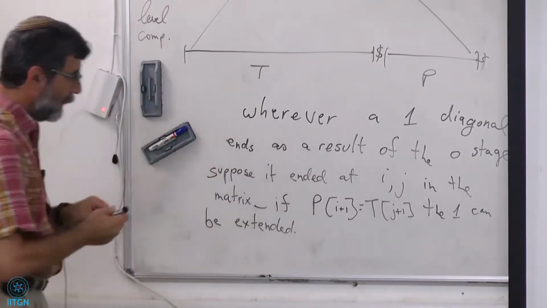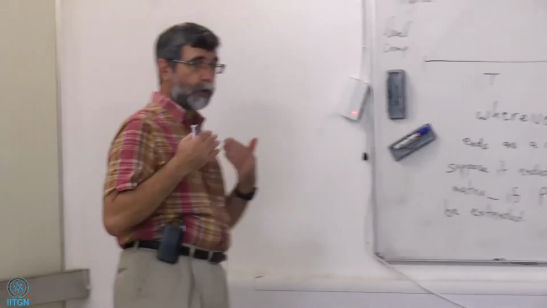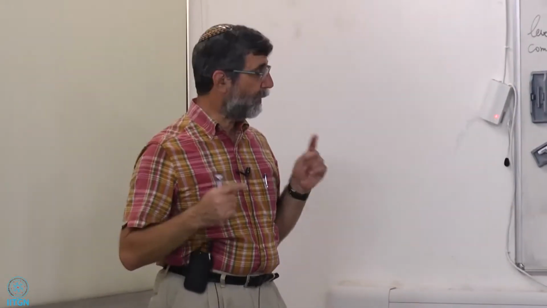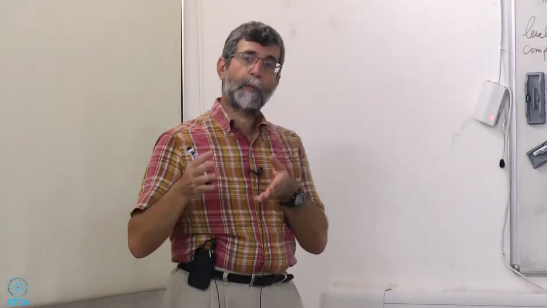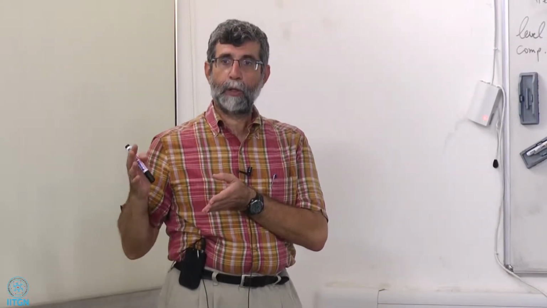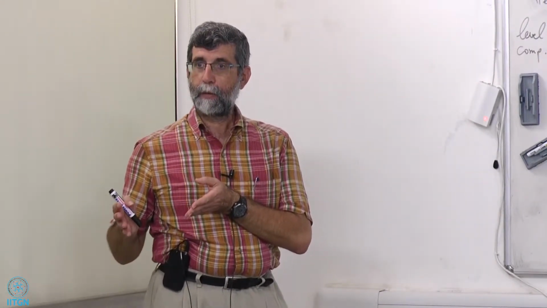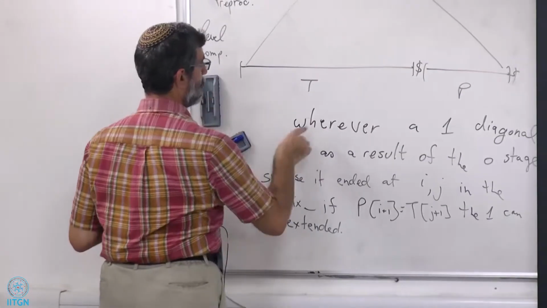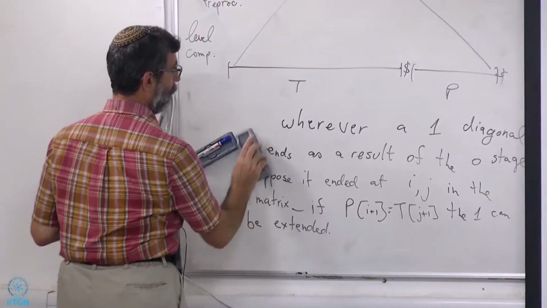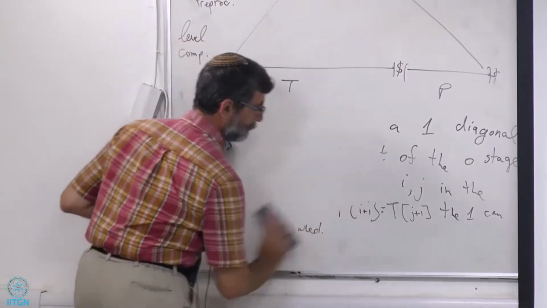In fact, it should be extended until finally p i plus k is not equal to t j plus k. So how do we know how far it can be extended? So how far do we extend it?